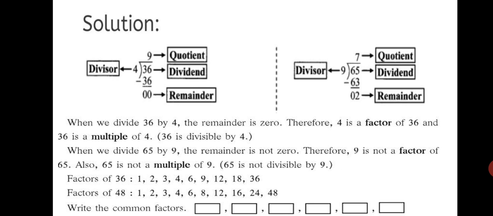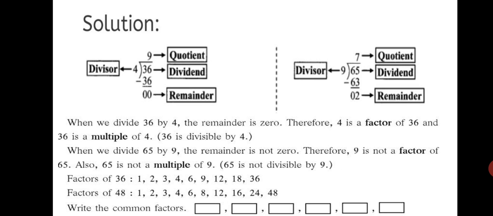So, when writing factors, how do we write them? Look at the example shown below. Factors of 36 will begin with number 1 because 1 is a factor of all the numbers. So factors of 36 is 1, then 2. In table of 2 do we get 36?